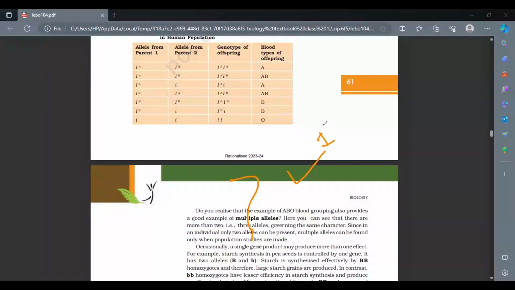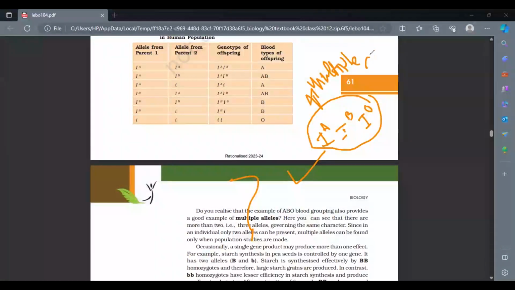IA is a gene that is responsible for the blood group, IB is a gene responsible for the blood group, and IO is also a gene responsible for the blood group. It is more than two alleles that are responsible for the human blood group. Such conditions are known as multiple alleles, where more than two types of genes are responsible.